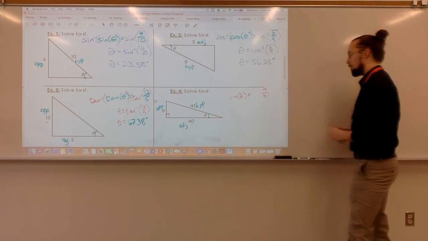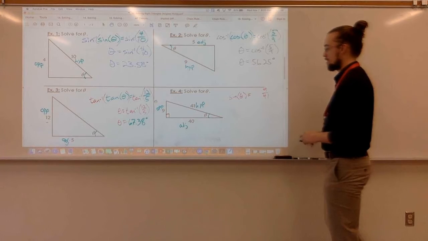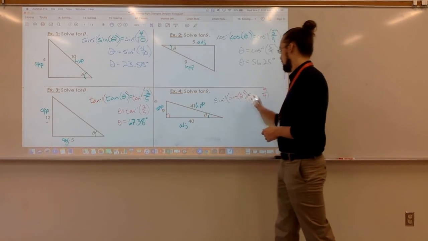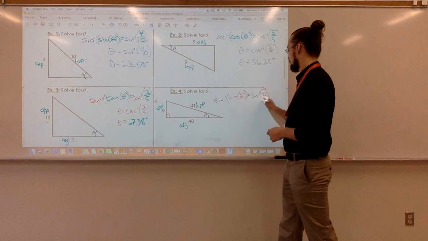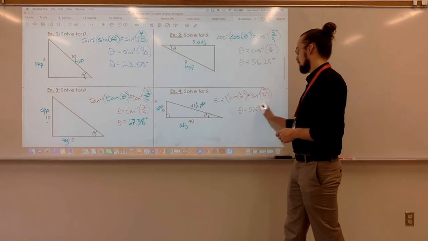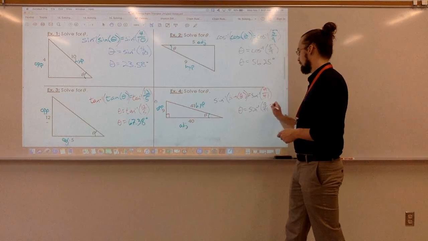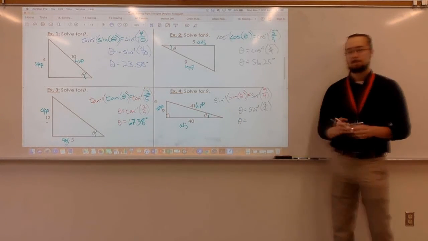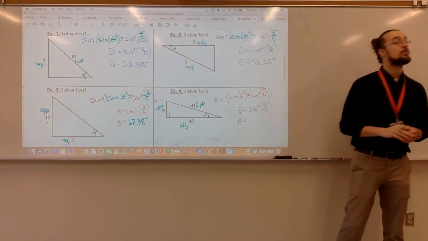So we take the inverse sine of both sides. And theta is the inverse sine of 9 over 41, so what do we get? 12.68.